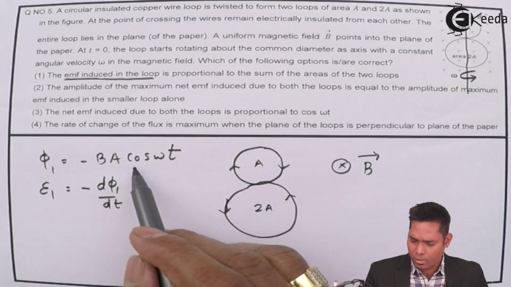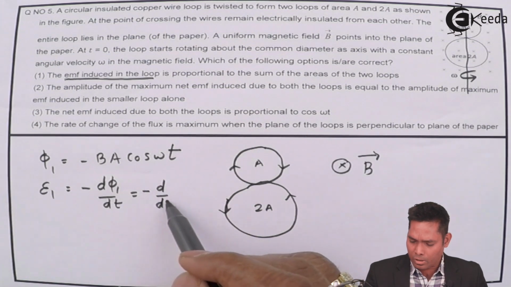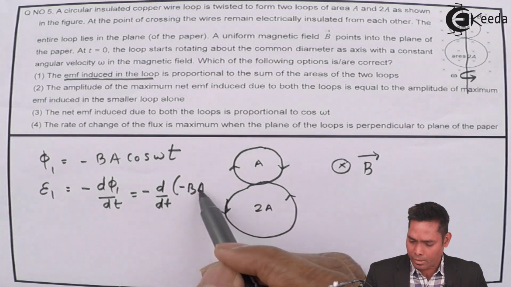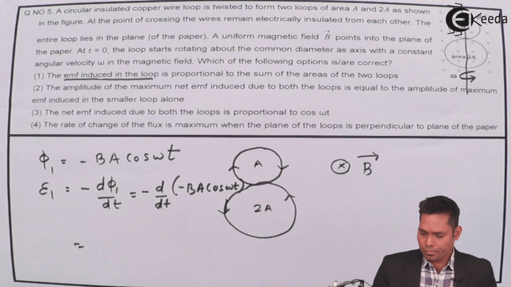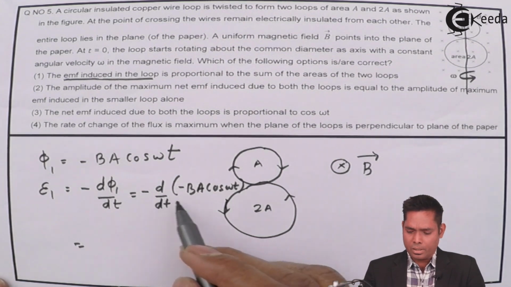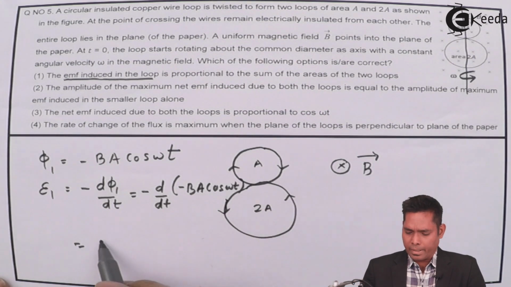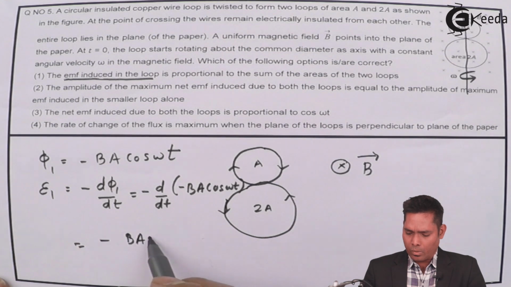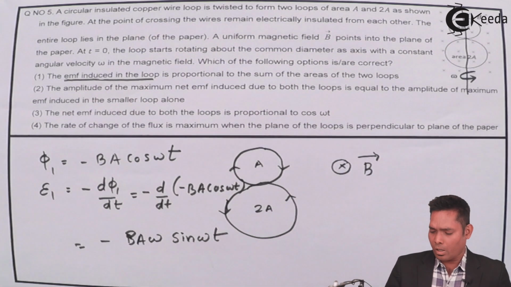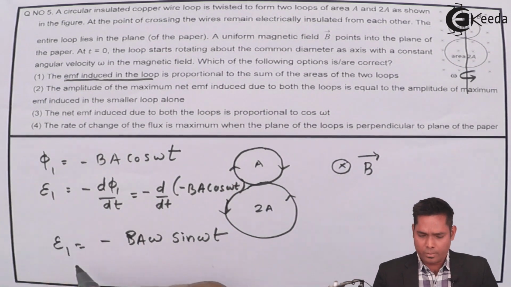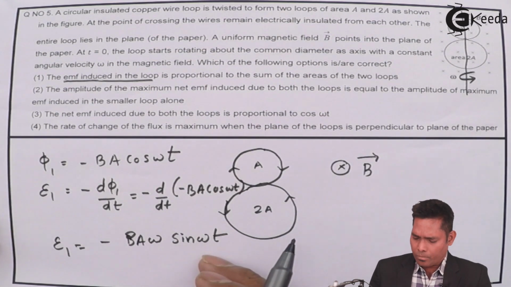So minus d by dt of minus BA cos omega t. This is minus minus plus, and the derivative of cos is minus, so it will be minus BA omega sin omega t. This is the expression for epsilon 1: epsilon 1 is minus BA omega sin omega t.